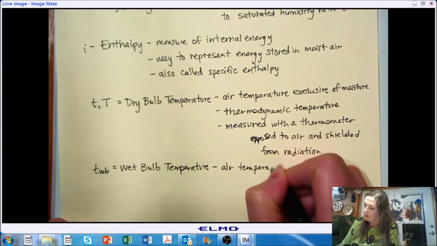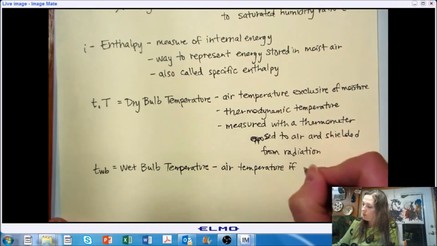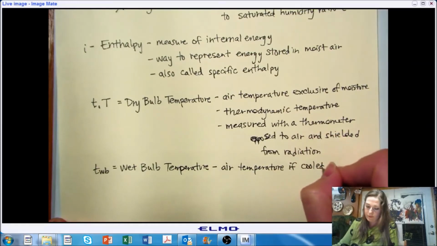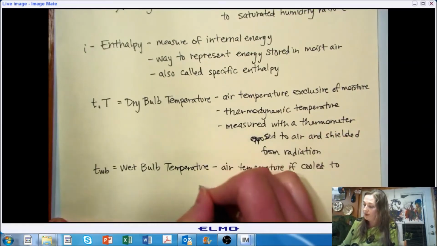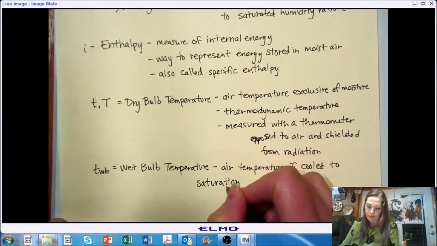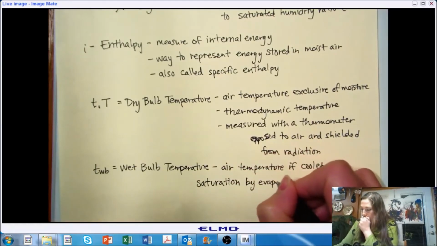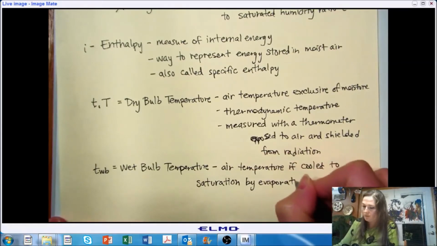So the air temperature, if the air is cooled all the way to the saturation line, and you'll know what the saturation line is in a few minutes, all the way to saturation by evaporation.